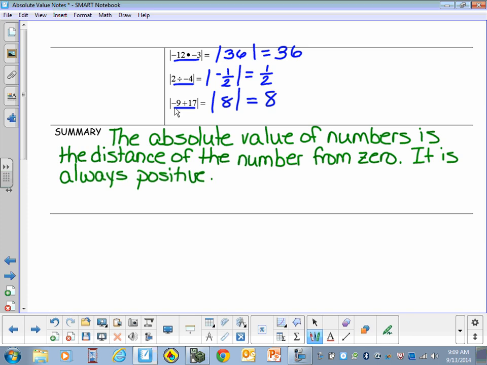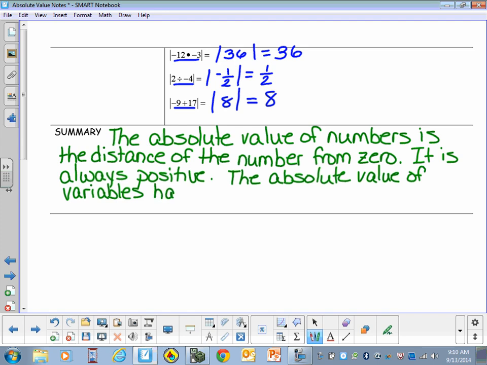The absolute value of a variable has two answers, one that is positive and one that is negative.